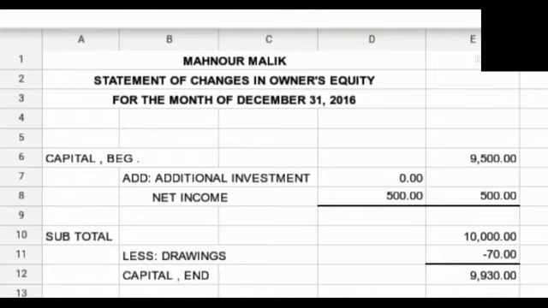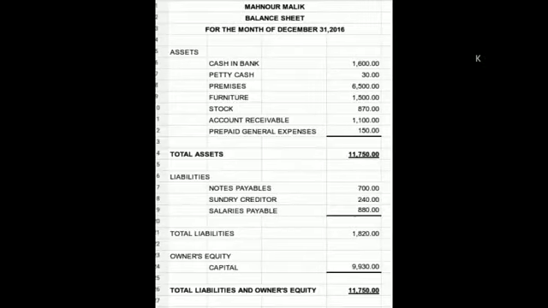So then add our net income, which is 500. So our subtotal is 10,000. So that's our drawings of 70. Then so our capital in the end is we have 9,930.